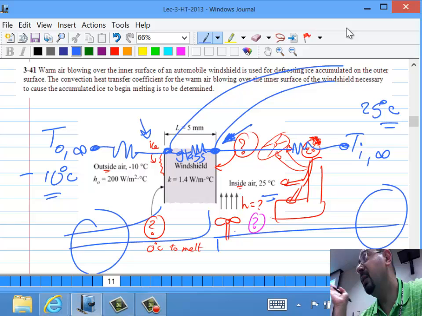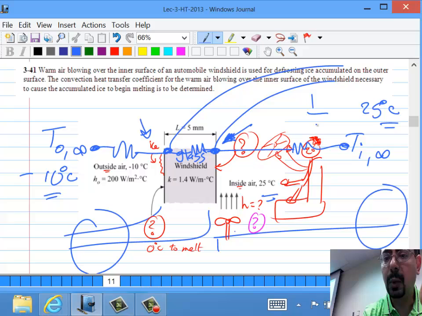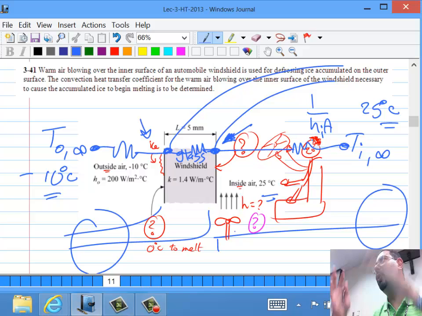Can anyone tell me what that resistance is? 1 over H. I don't want someone to say 1 over HA. Which H? The inner H, the fan that's forced convection, whatever the design that's blowing air on the glass, and whether they are doing a good job or not. If they're doing a good job, they should have vents really directed on the glass to make sure that all the air goes there.